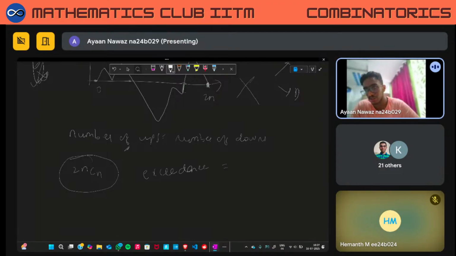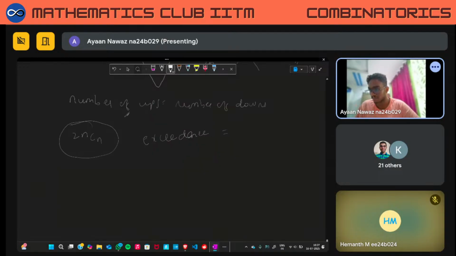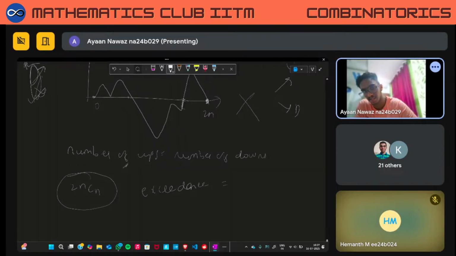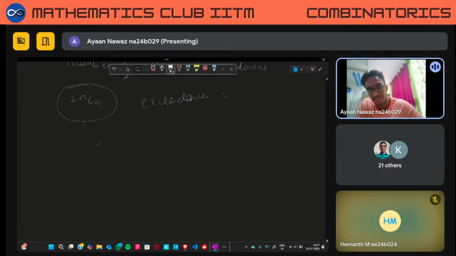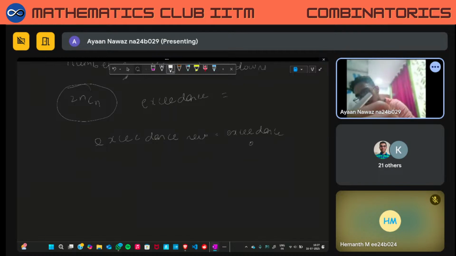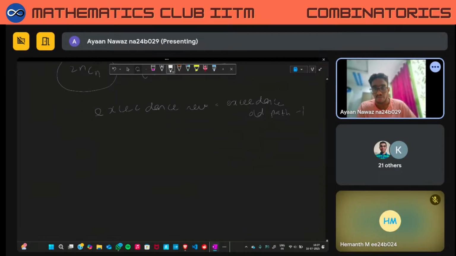So if I take the last up step and the following down step and switch them, a very interesting thing is that the exceedance of the new path is equal to the exceedance of the old path minus 1.